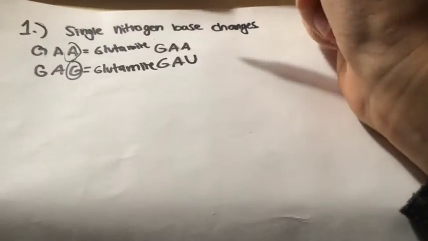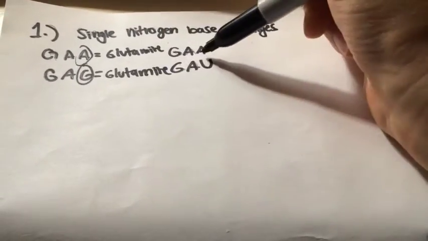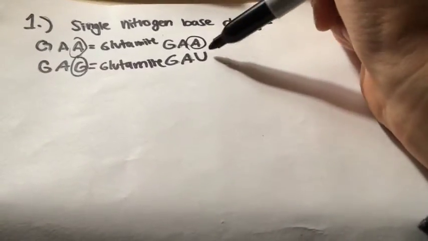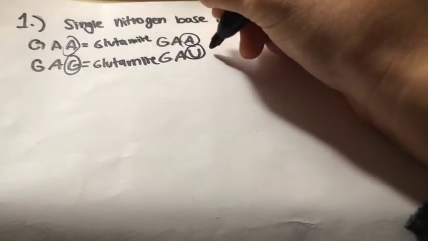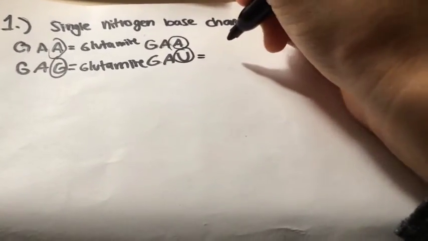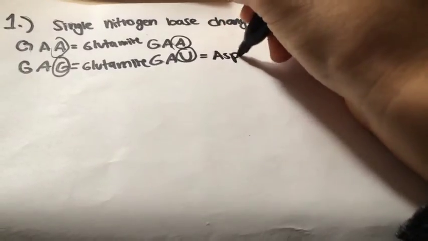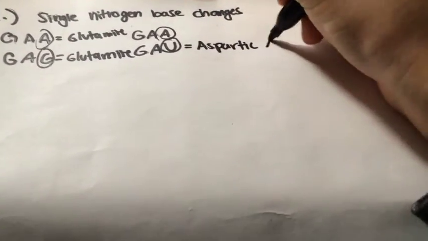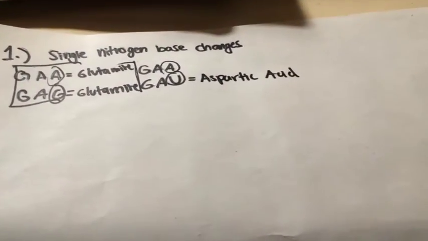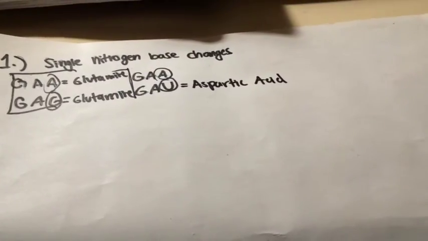But if, for example, this original glutamine changes, this A changes into a U, then this codes for something different. This mutation codes for aspartic acid. Now, if the first mutation happens, nothing will happen to the final result for the resulting proteins and amino acids.